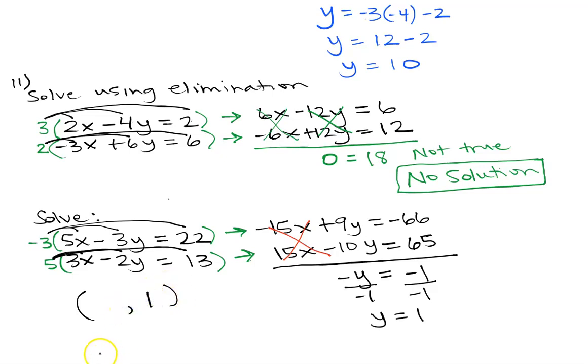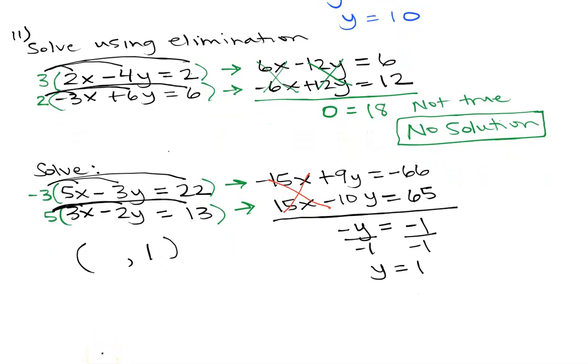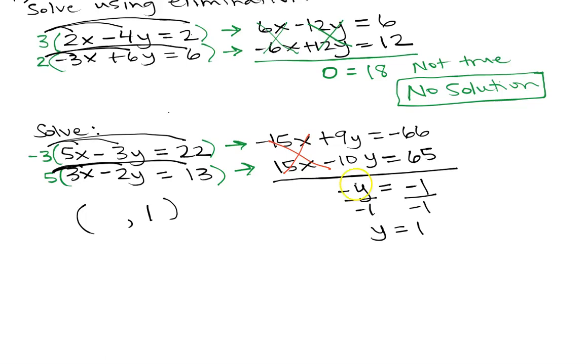And then how am I going to figure out what x is? By plugging it in. Yeah. And does it matter which one I use? It doesn't. No. I always want to go back to the original equations, the ones that I have in black here.